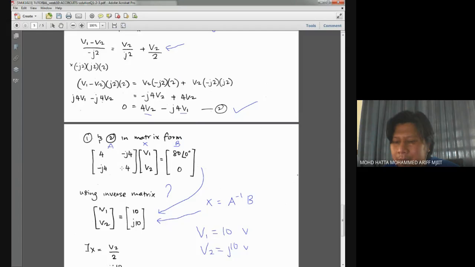For example, maybe substitution is easier or simpler for you, because here I'm using a software to inverse the matrix and to do the multiplication of complex numbers. And you can find your own way or preference in order to get the answer.